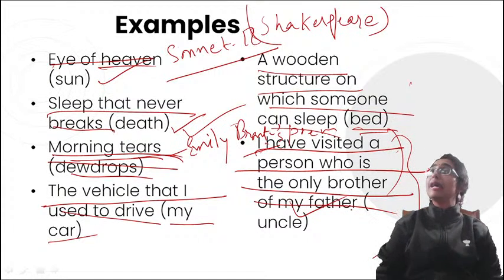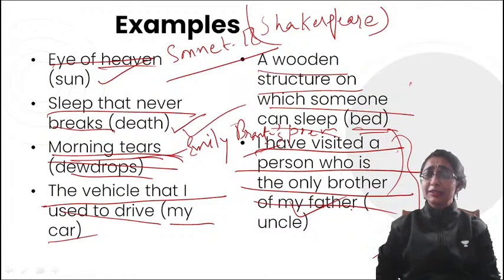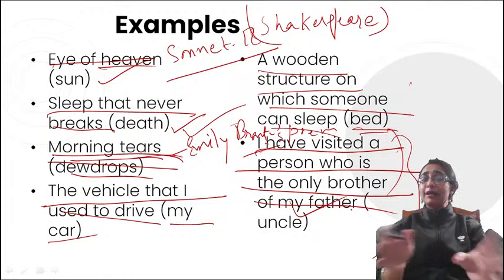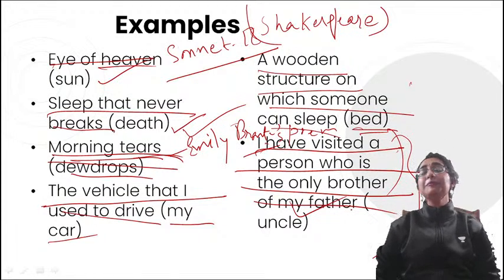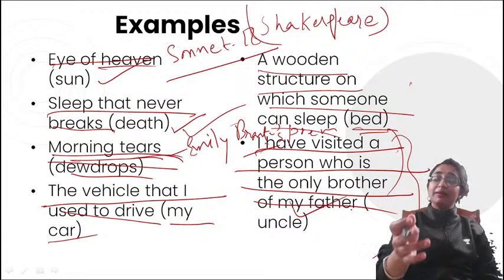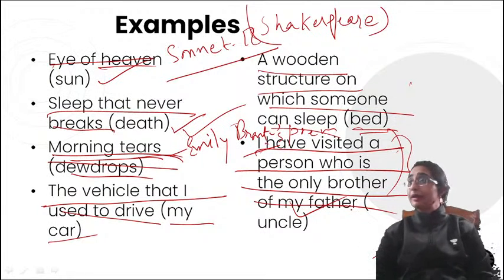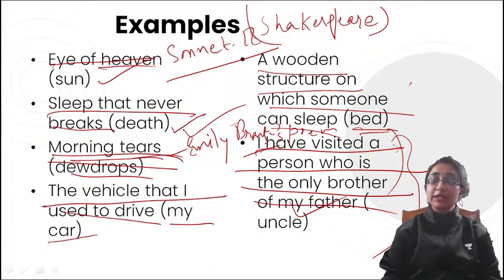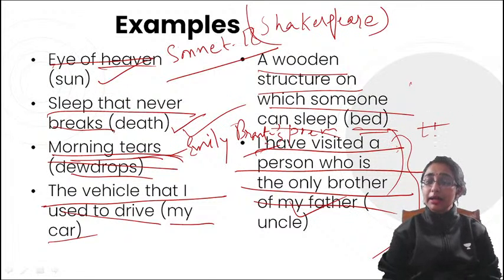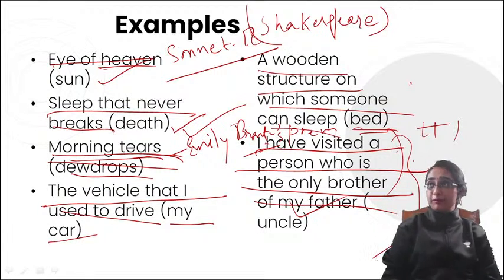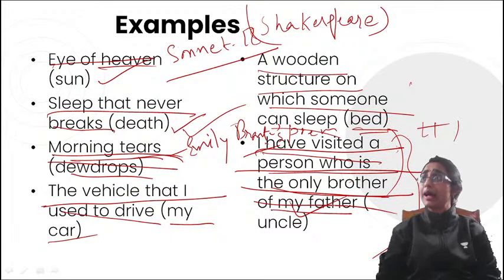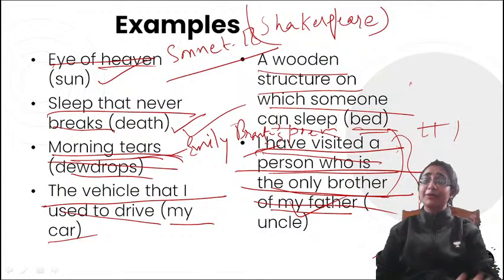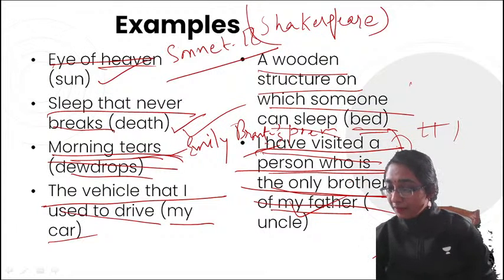So that is also a type of circumlocution. All the blood relations questions which are a part and parcel of NTA UGC NET paper 1 exam, you can take a note of that also. All these questions are examples of periphrasis, circumlocution. Instead of saying a simple word, uncle, brother, sister, I am saying it in a roundabout way. Here also it is said, I have visited a person who is the only brother of my father. That means he is my uncle. But I am not saying the word uncle, I am actually describing the relationship. Okay.